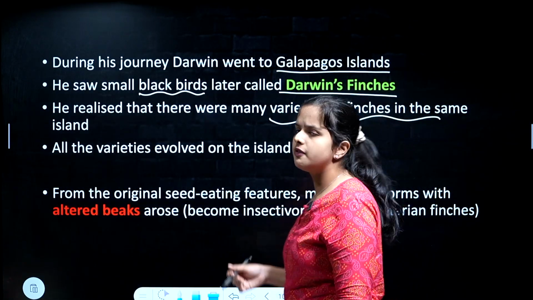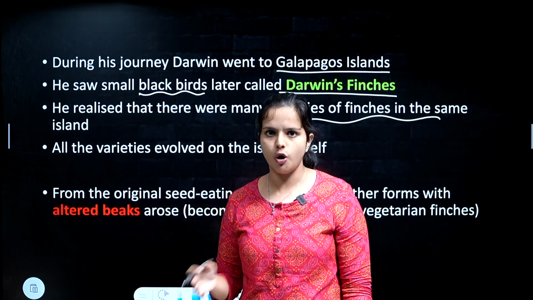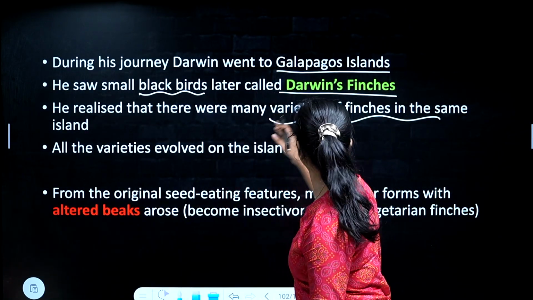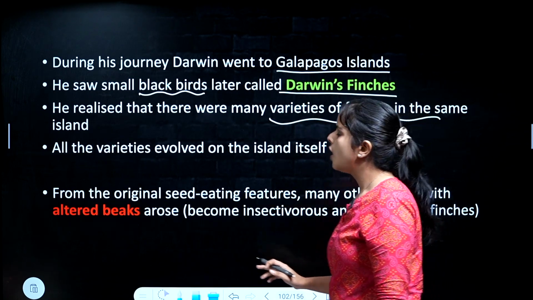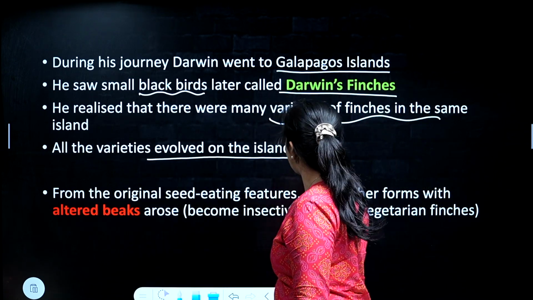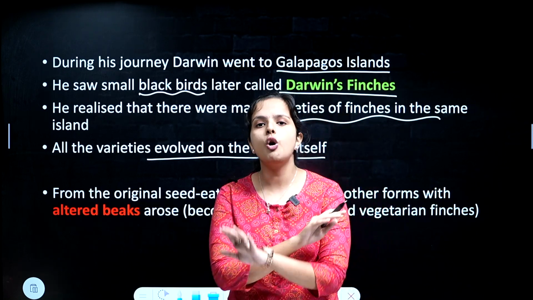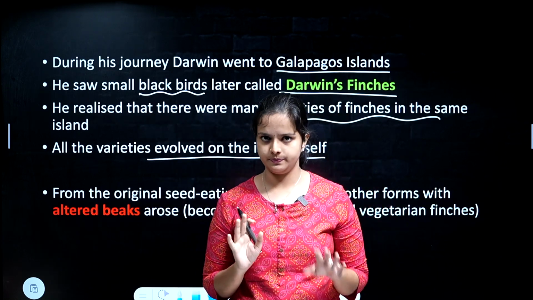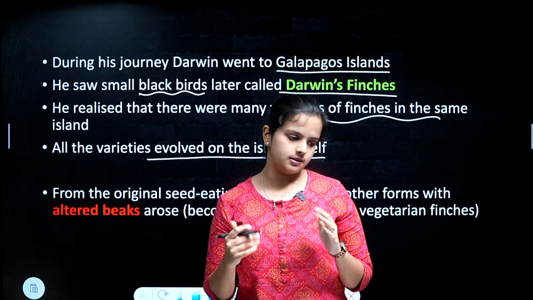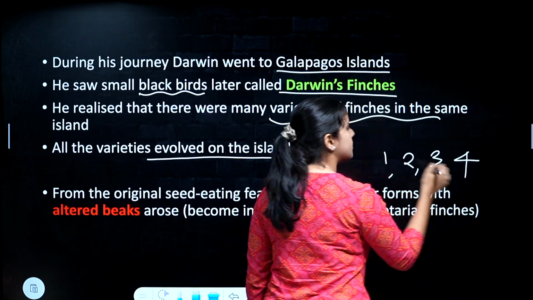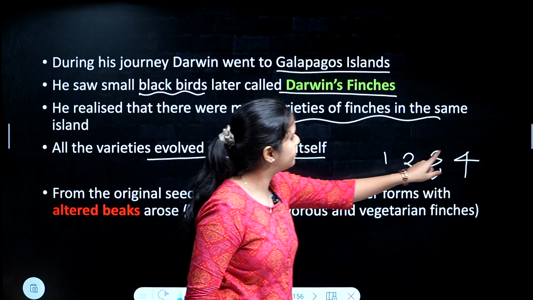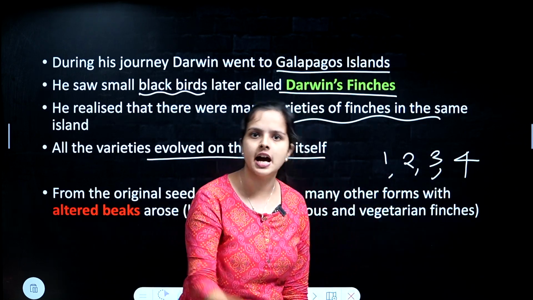So what did Darwin actually observe? Darwin observed that there were various varieties of finches there on the same island, but he realized that all the varieties evolved on the island itself. That is, no new variety came from outside. Imagine there were 4 varieties. All these 4 varieties evolved from the island itself.